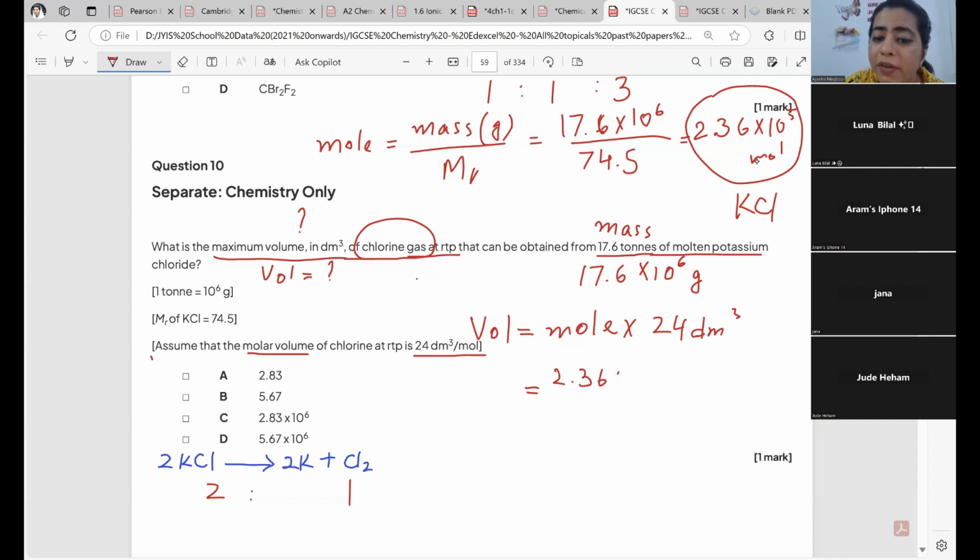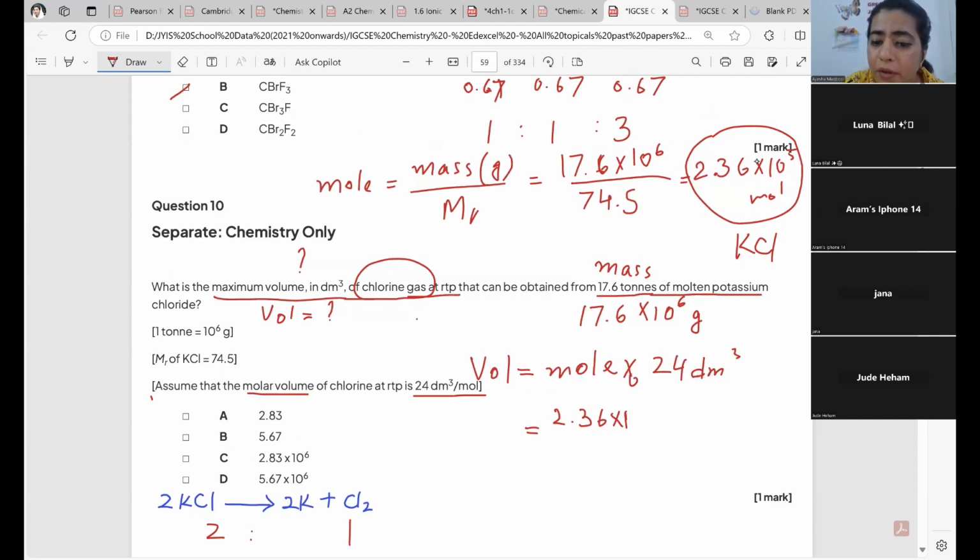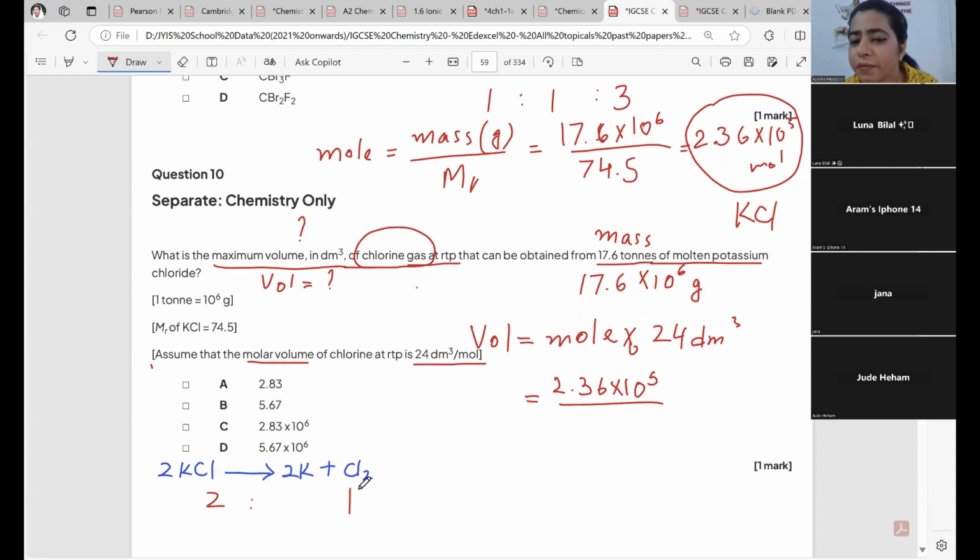2.36 times 10 raised to power 5. Does that mean divide by 1, not by 2? No. 2 ratio 1 means KCl is double, and the other side is half of it. Divided by 1 means nothing. Just wait. Multiply by 24.